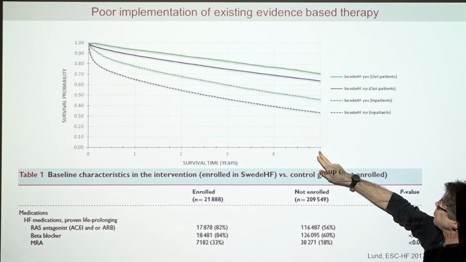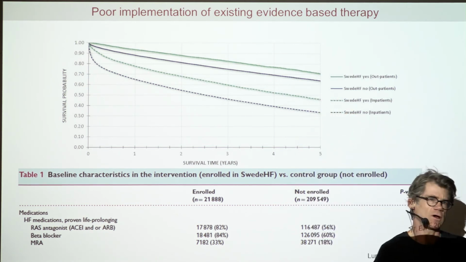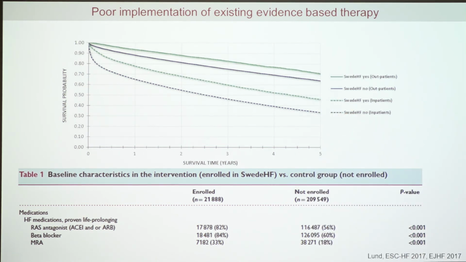And you can see at 5 years, the survival is 80 or 70, 60, 45, and a little more than 30%. And a huge difference. The difference here is bigger than any drug or any device can ever produce. So it's more important to be in the registry than to take the medications.